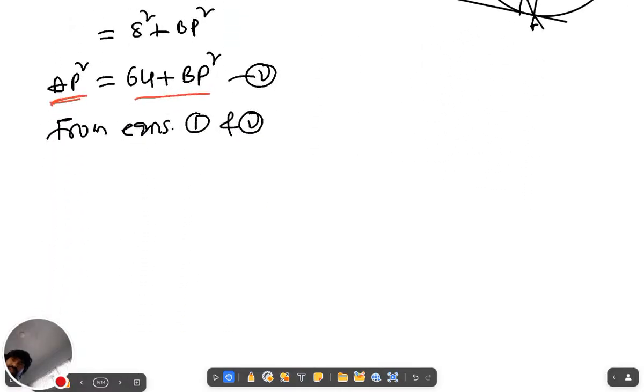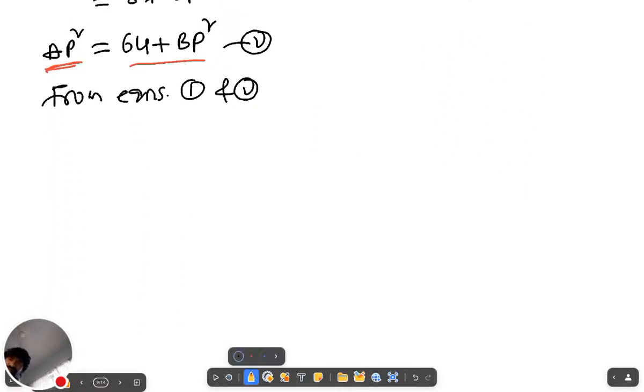OP square minus 100. What is the RHS of equation 2? 64 plus BP square.